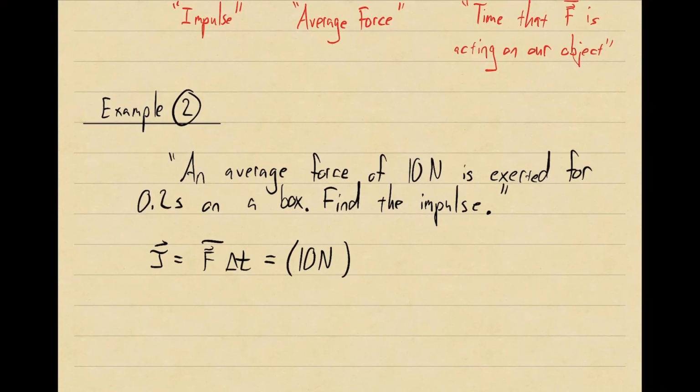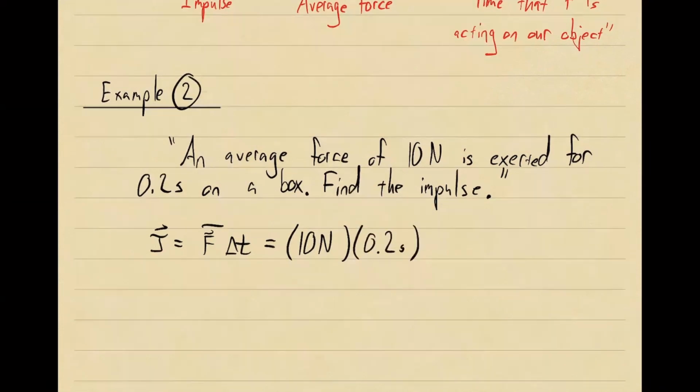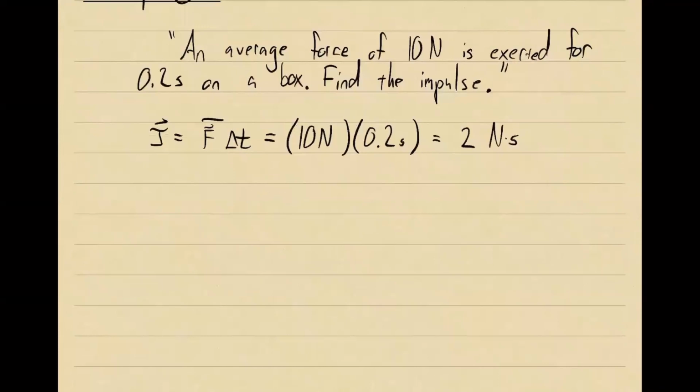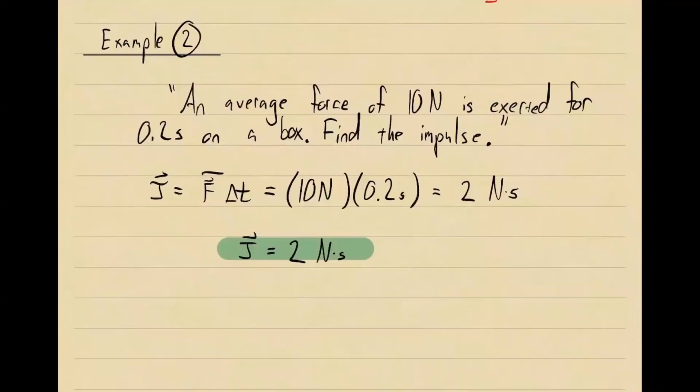And it's exerted for 0.2 seconds. So the time delta t is 0.2 seconds. And so we get an impulse of 2 newton seconds. I know it's kind of weird, but our impulse is 2 newtons times seconds. So that's the end of example 2.